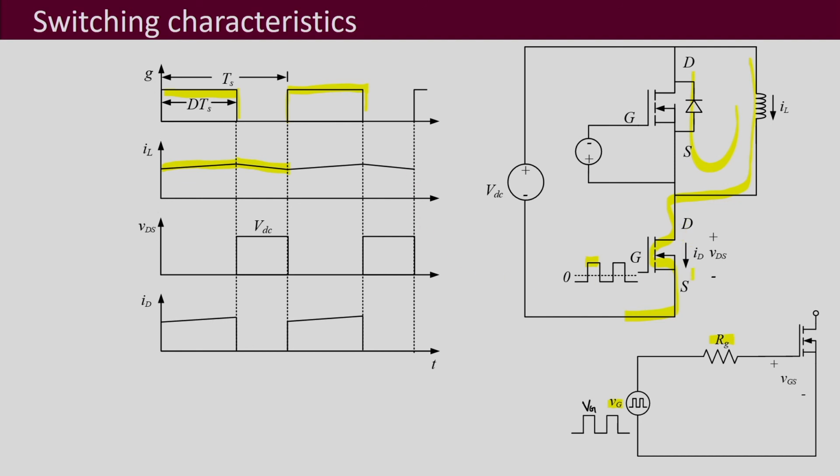What will be the nature of voltage and current waveforms through the MOSFET? When the MOSFET is off, it is going to block the voltage VDC, and that is what we observe here. When the MOSFET is conducting, it is going to carry the inductor current, the same as IL, and that is what we observe here.